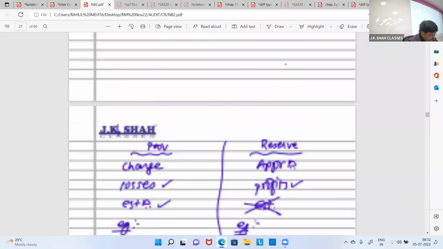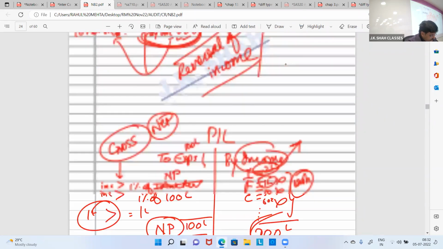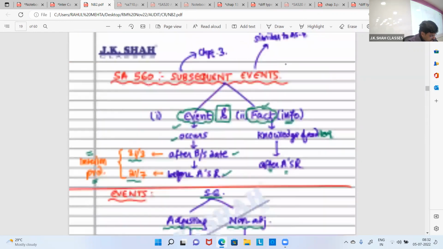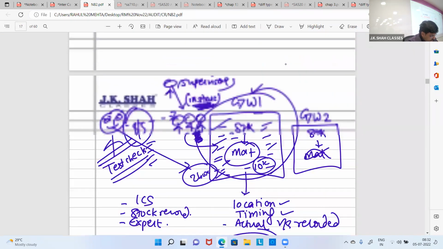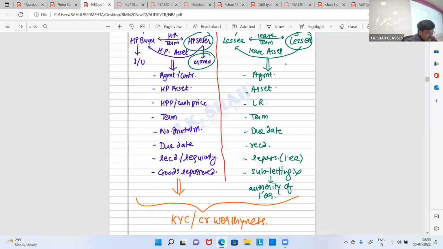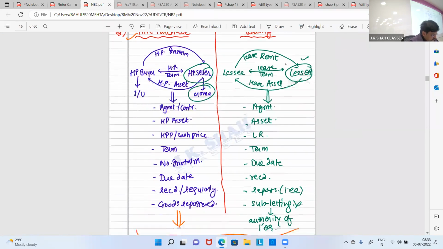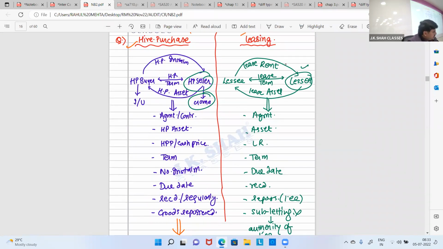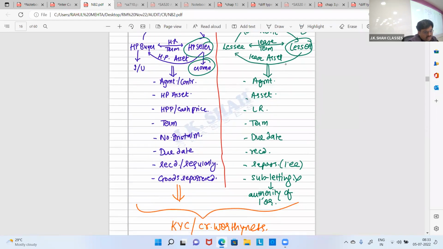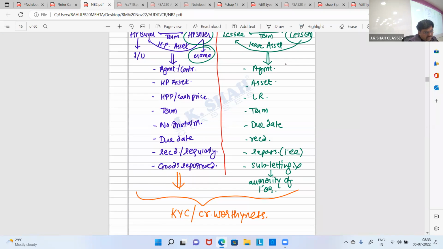That's it. See this, you can take one if you want. This is better. You can take it down, your wish. They want it, so I'm keeping it for them. It is nothing but hire purchase and leasing, whatever is to be checked. I've written it in terms of points, and wherever there is the same, I've done one to one.